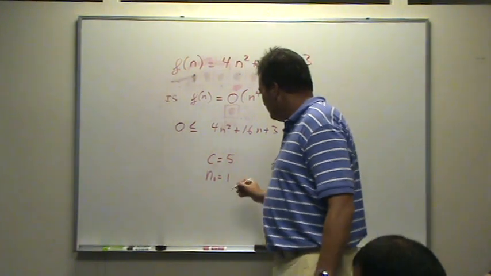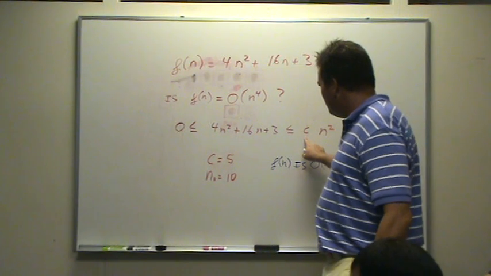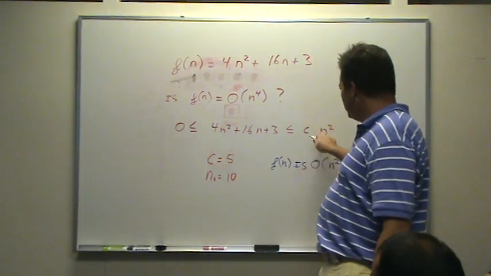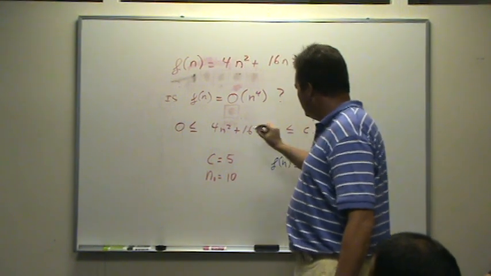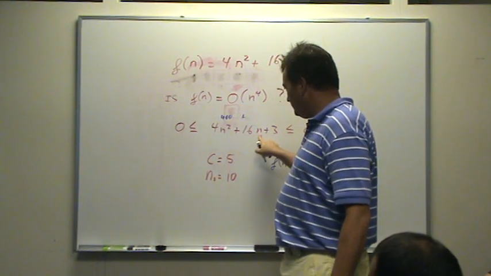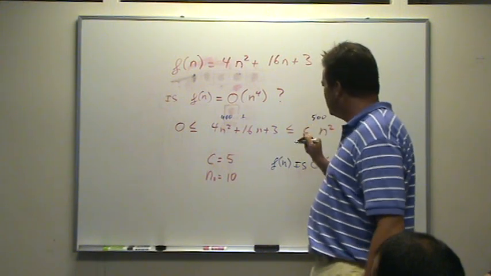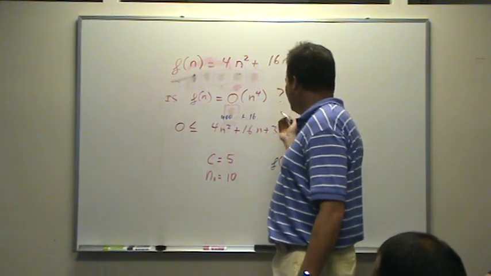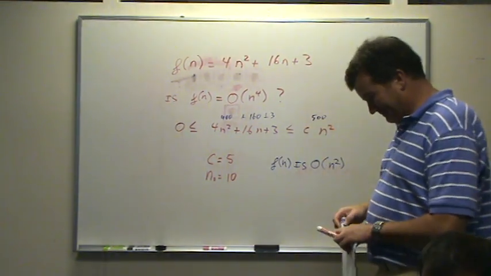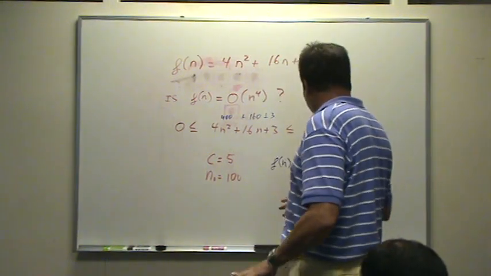And if n squared, will 10 work? I think 10 will work. This will be 5 times 100, this is 500. This is 400 plus 16 times 10, I'm sorry, 160, no good, right? Plus 3, no good. Let's use it then. What about this one? It's definitely going to happen at some point.